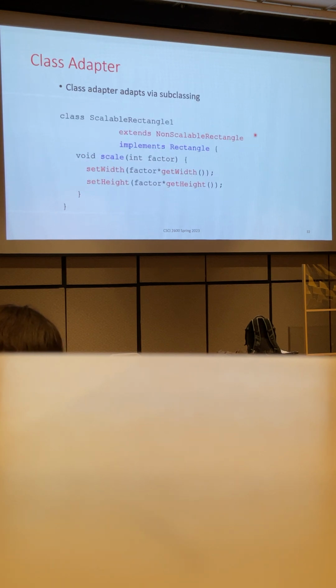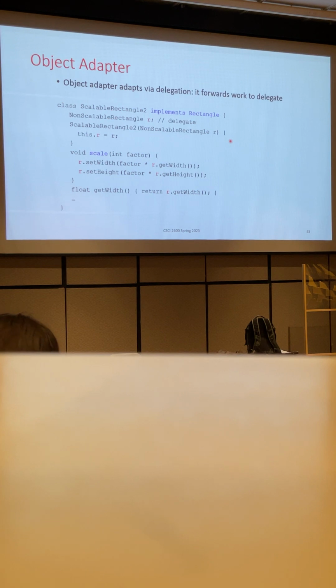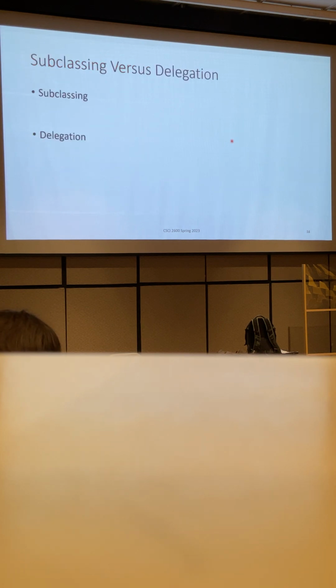Comparing the class adapter and object adapter, we clearly see the difference. Here we make ScalableRectangle a subclass of NonScalableRectangle. Here we include NonScalableRectangle into ScalableRectangle through composition. So here are two different approaches: subclassing, and composition with delegation.